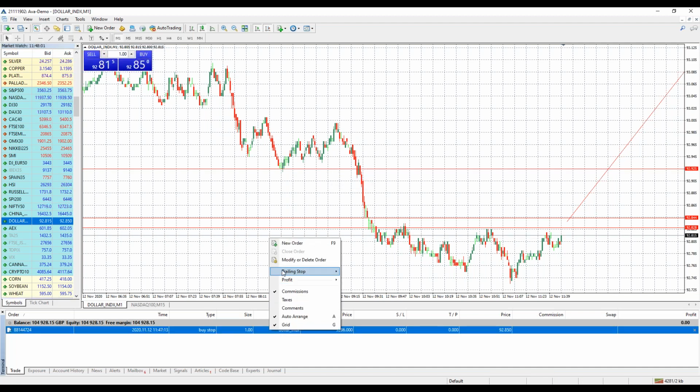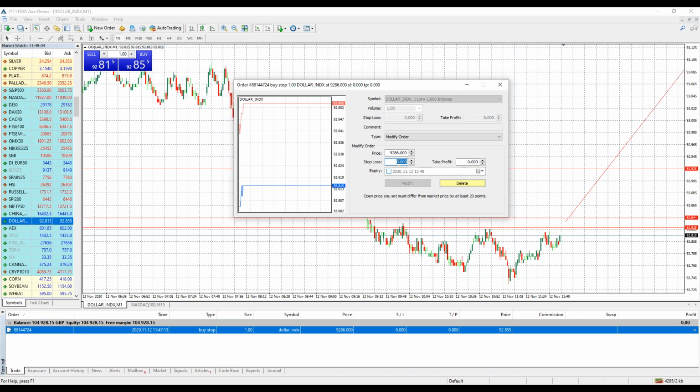Let's modify. Let me put my stop loss down here, 92.80, and my take profit up here around 92.92. Sounds good. I need to be a little further away from my stop loss and take profit. Let's do 92.7.